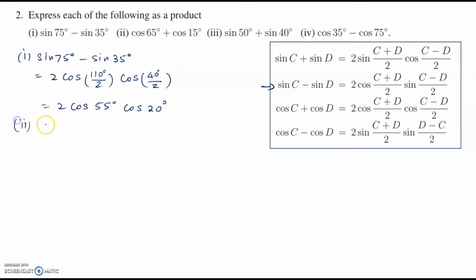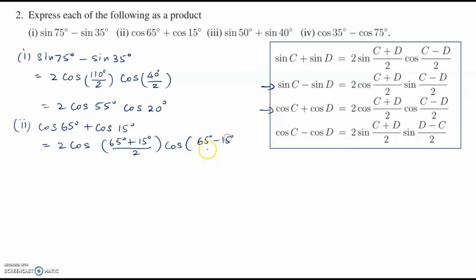The next one is cos 65 degrees plus cos 15 degrees. We'll be using the third formula here. So that's equal to 2 times cos, let's just put the values as they are, of 65 degrees plus 15 degrees divided by 2, into cos of 65 degrees minus 15 degrees divided by 2.